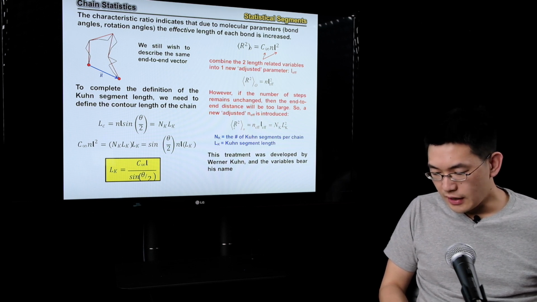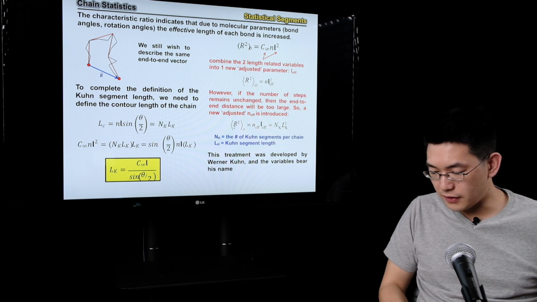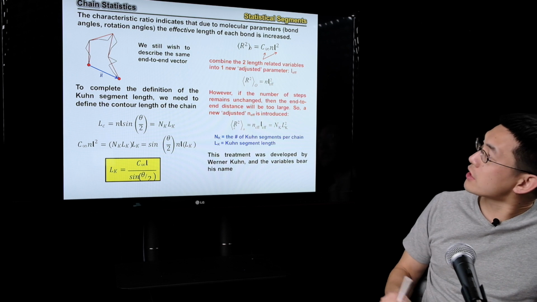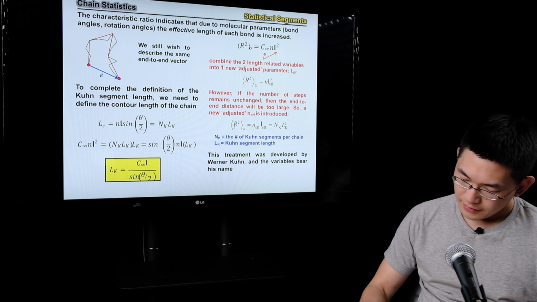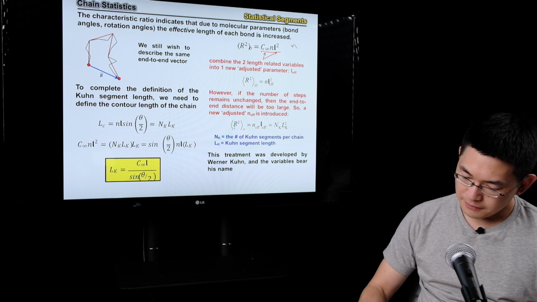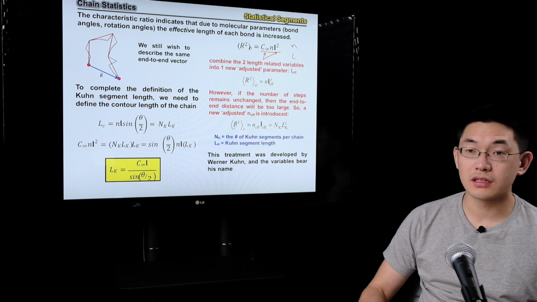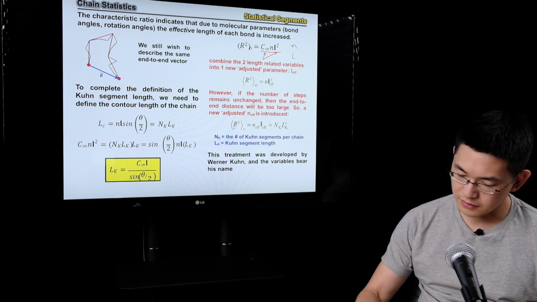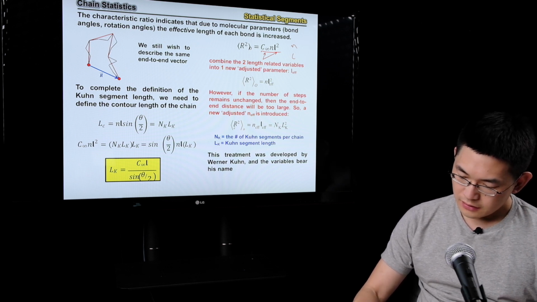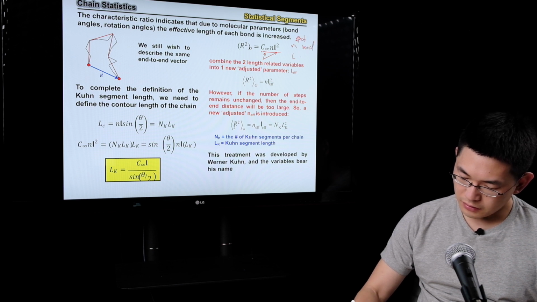And there are some links between different models. Here, I already explained what n and l are. Be careful that n is the number of bonds, and l is the bond length.